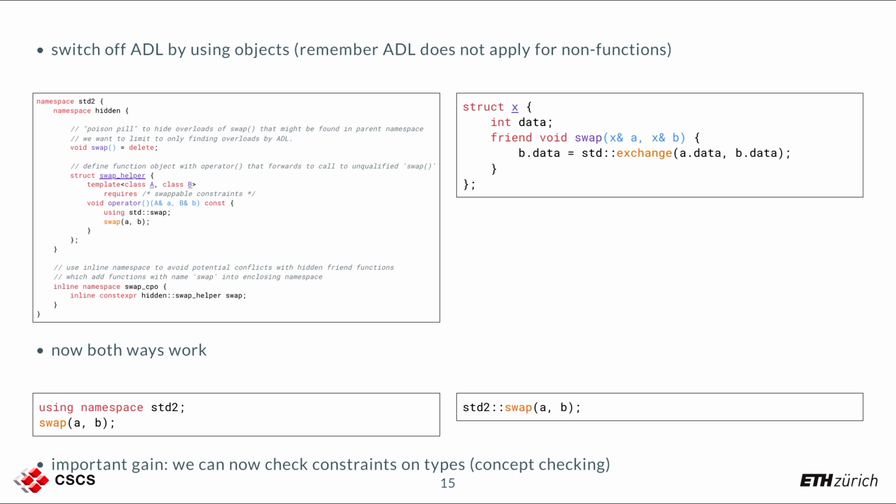So here we see something we've seen before, a function which calls swap and brings in the standard swap as well, so we can decide between those two.